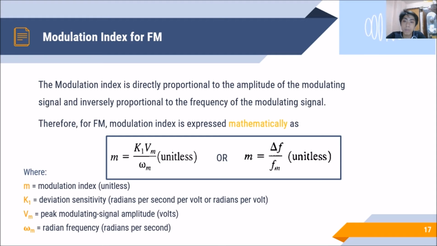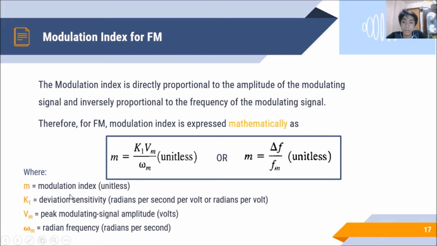The modulation index is directly proportional to the amplitude of the modulating signal and inversely proportional to the frequency of the modulating signal. Therefore, for FM, the modulation index is expressed mathematically here, wherein m is equal to k sub 1 times v sub m over omega m. And it is unitless because the units will just cancel out.